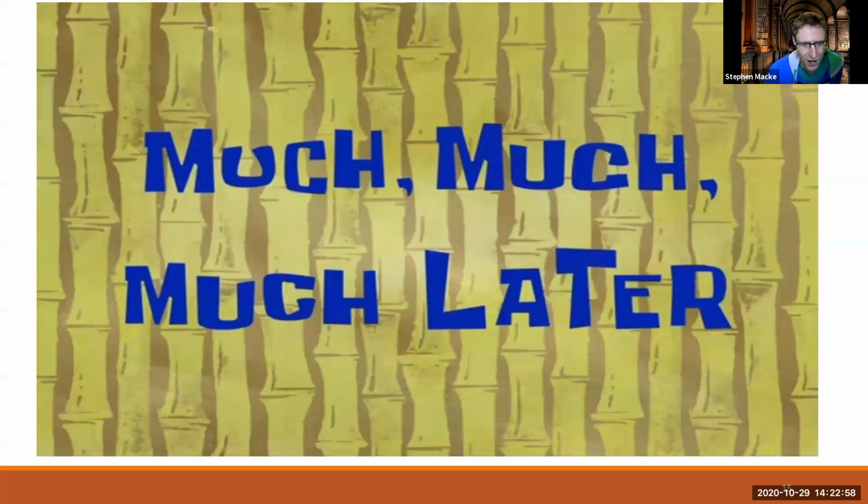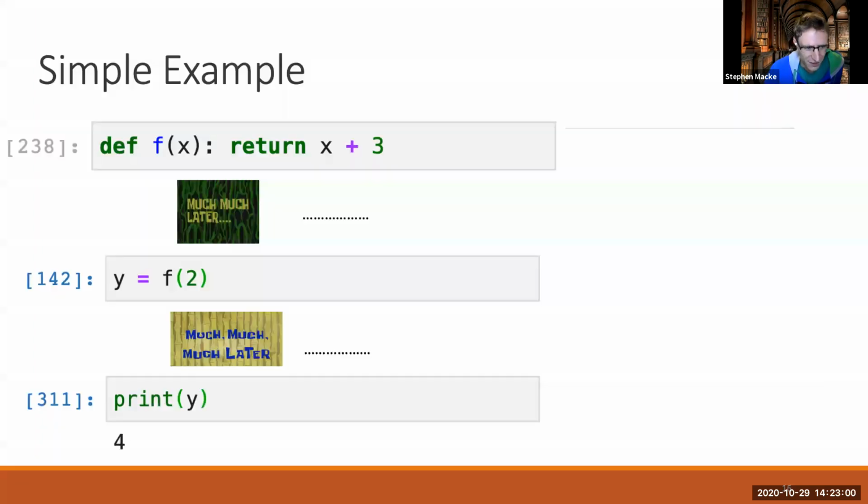And then much, much, much later, we finally use the result of the earlier function call. And you can see that if we look at these three cells from top to bottom, the printed result is not what we would expect if we were to run the notebook from start to finish.